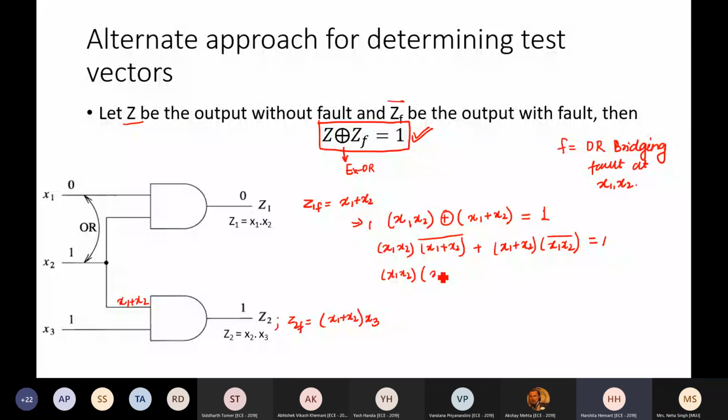X1 and X1 bar will always be 0, so this goes to 0. Expand this. X1 and X1 bar will go to 0, left with X1 bar X2 plus X1 X2 bar. Correct? Is this correct?